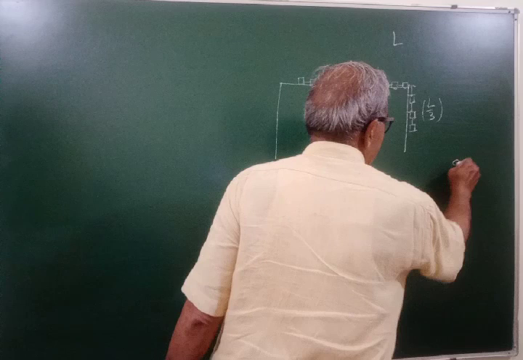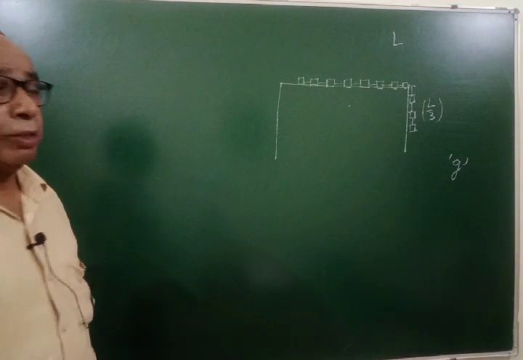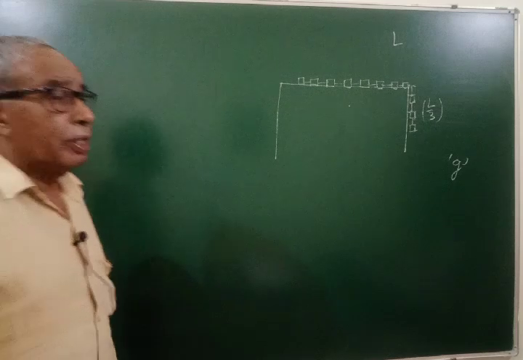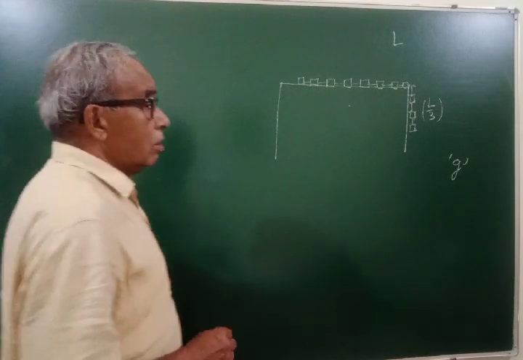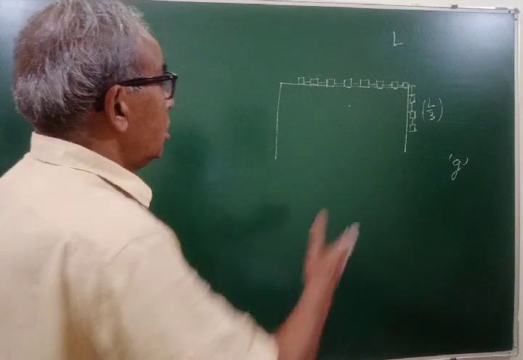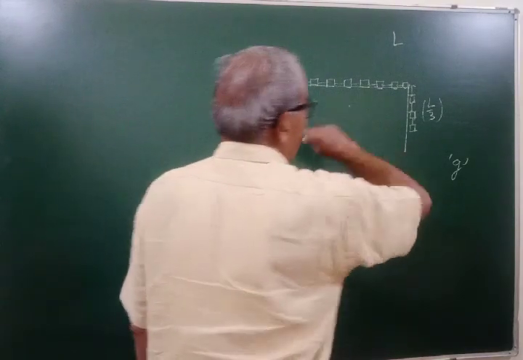If g is the acceleration due to gravity, then how much work is to be done in pulling this chain onto the table, the complete length on the table?